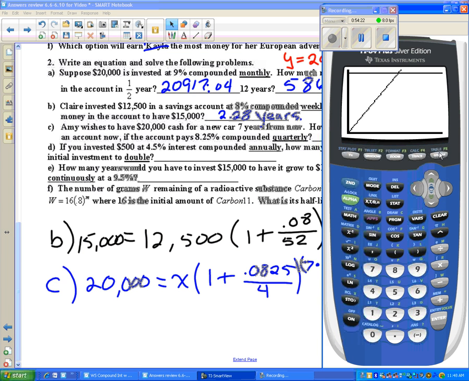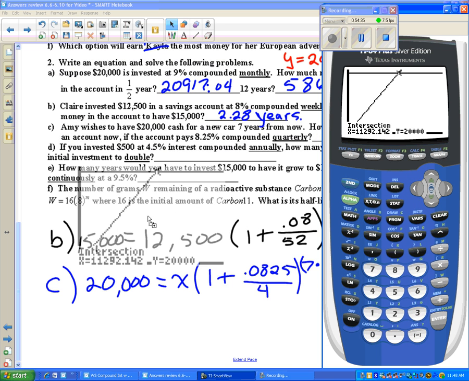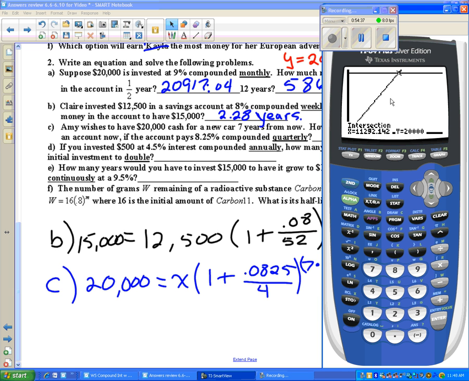If I can see the intersection, I can find it. Second, trace. Number 5 for intersection, enter 3 times. And that means I need to have $11,292.14.